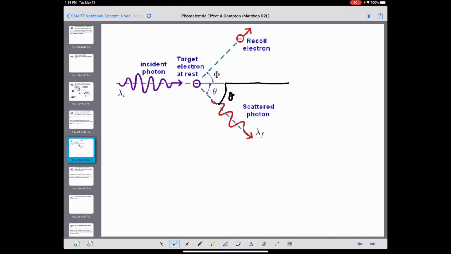And that's the angle that we actually care about when we start doing Compton effect questions. It's not this angle here that we care about, okay? In fact, you're not going to use this angle that I put an X next to for anything. There's a misconception sometimes when people see this, they think that theta plus the other angle together make 90 degrees. That's not true, so please don't try to use that to solve for anything.